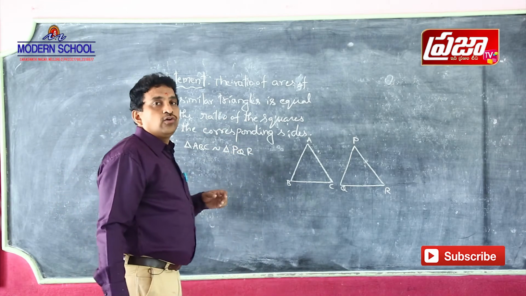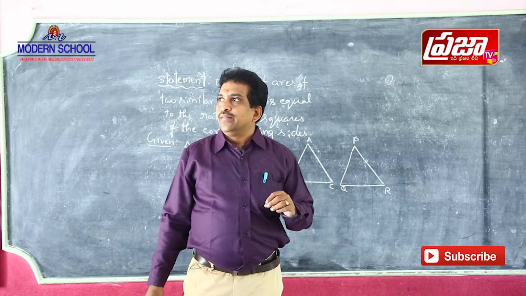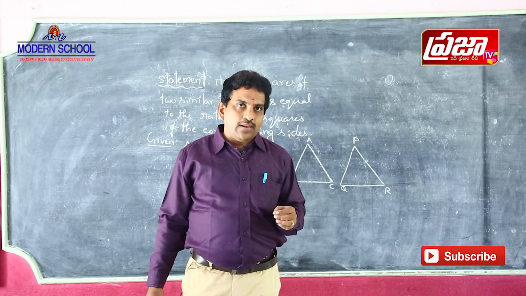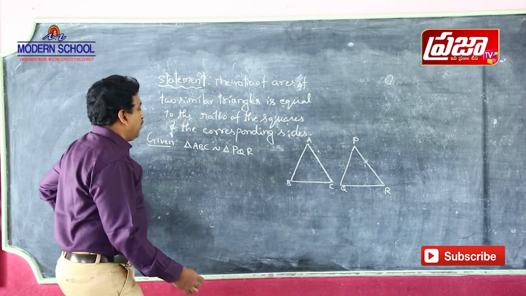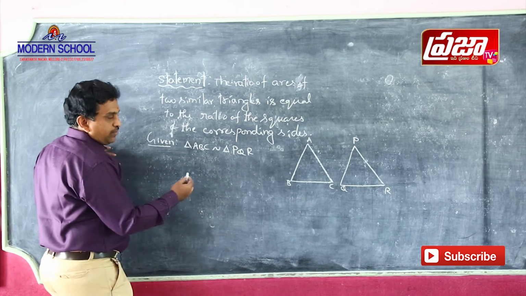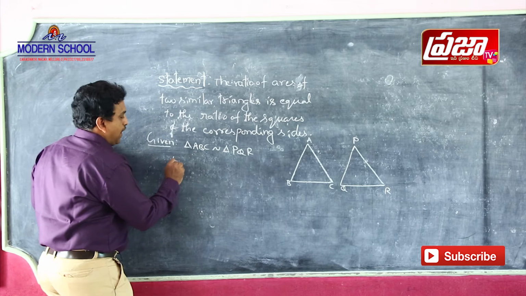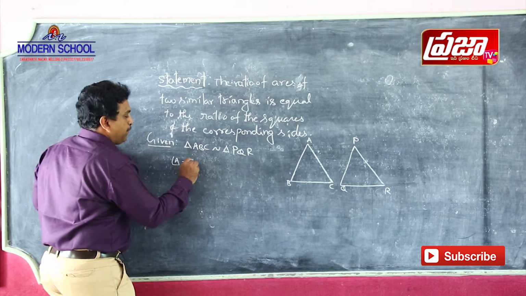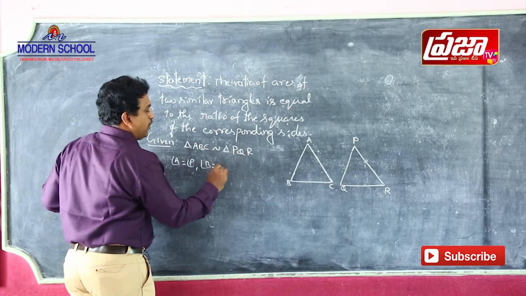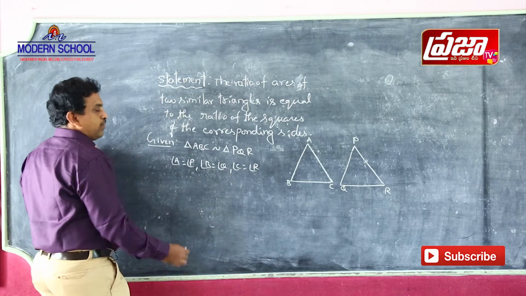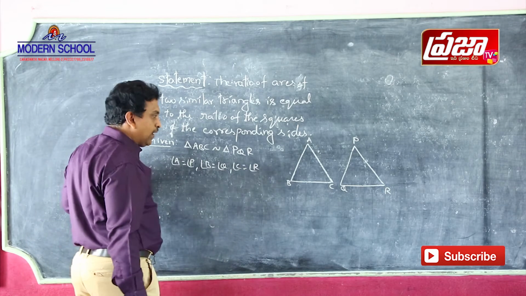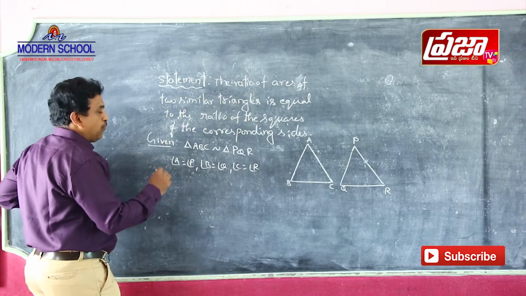So you already know that if two triangles are similar, then their corresponding angles are equal and corresponding sides are in proportion. So here corresponding angles are angle A equal to angle P, angle B equal to angle Q, and angle C equal to angle R. These are the corresponding angles which are equal and corresponding sides are in proportion.